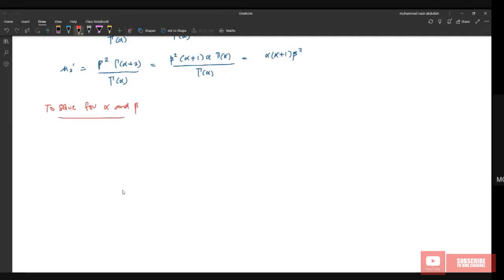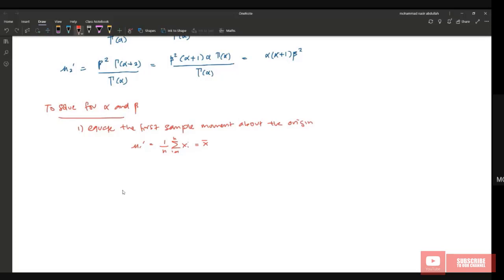To solve for gamma and alpha, we're going to plan the steps. The basic plan first is to equate the first sample moment, which is mu 1 prime, equal to 1 over n summation of xi, which is equal to x bar, for i equal to 1 until n.